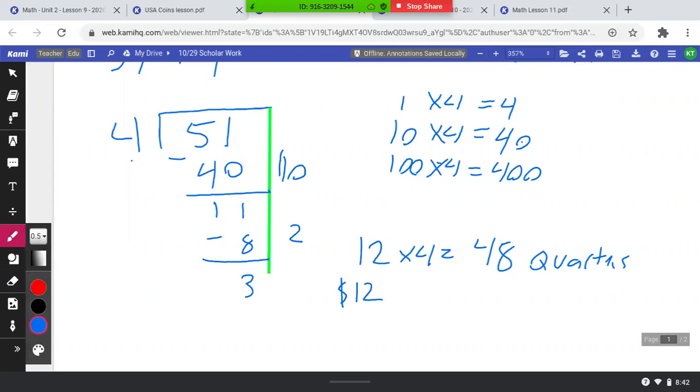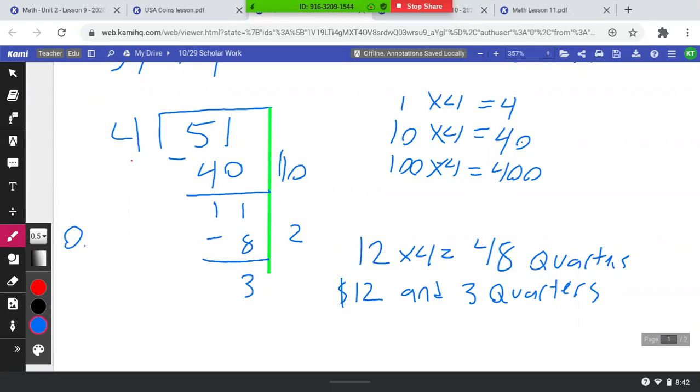What am I going to do with that 3 left over? That's telling me that I have $12 and 3 quarters left over. Well, how much is 3 quarters worth?